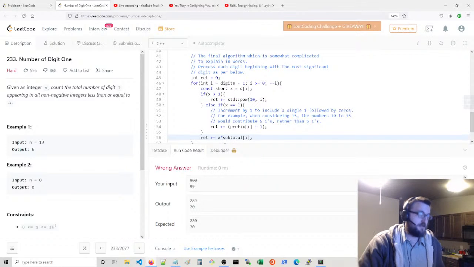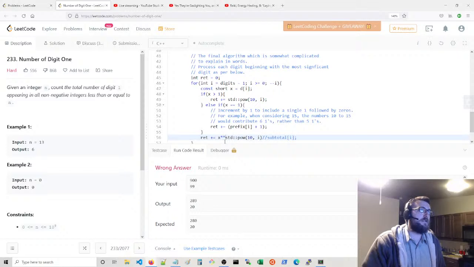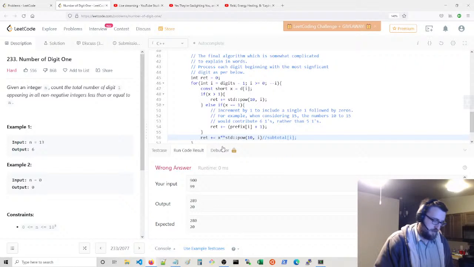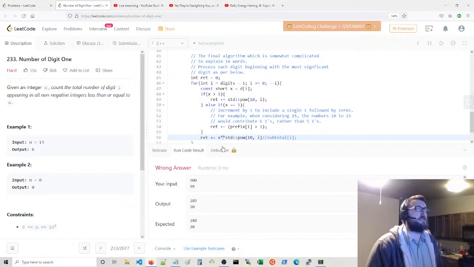I think it's just standard power of 10i times, not just the digit, but, I mean, these could be pre-computed, but if I is 0, oh yeah, I think it's times I, something like this.